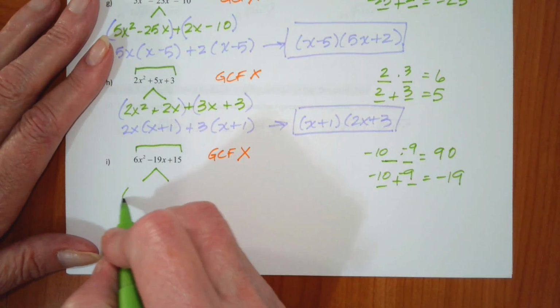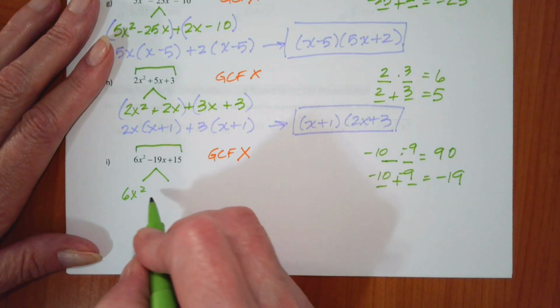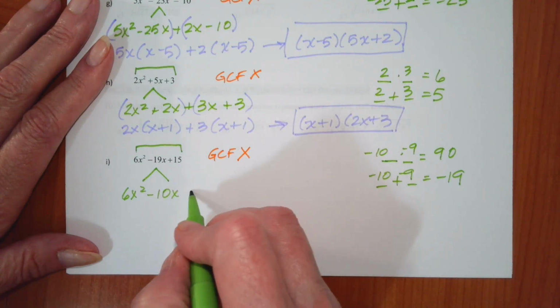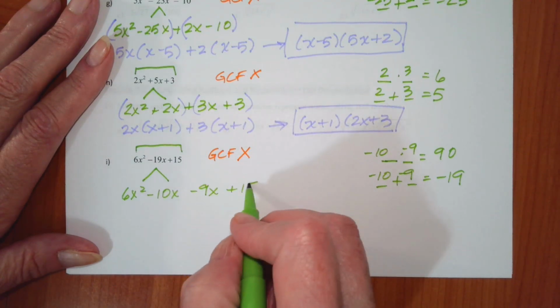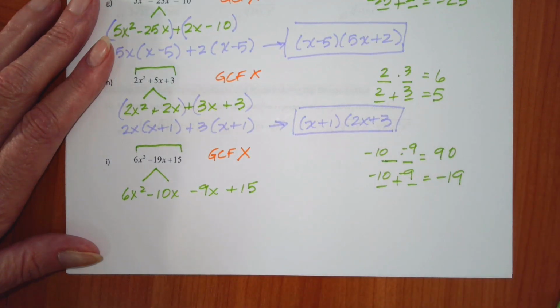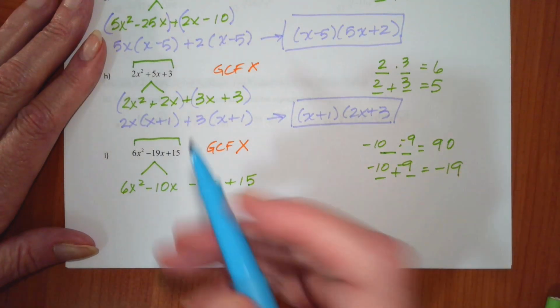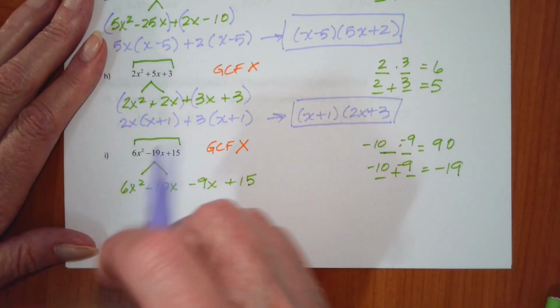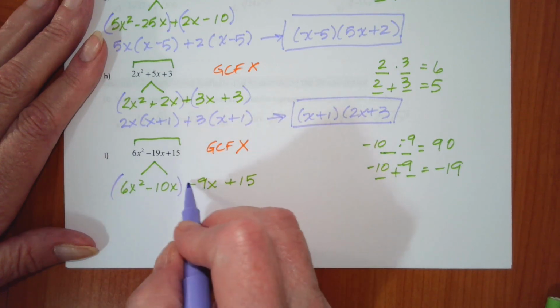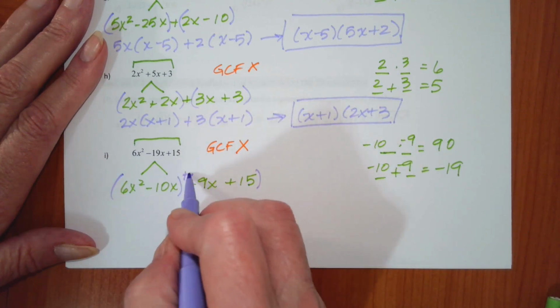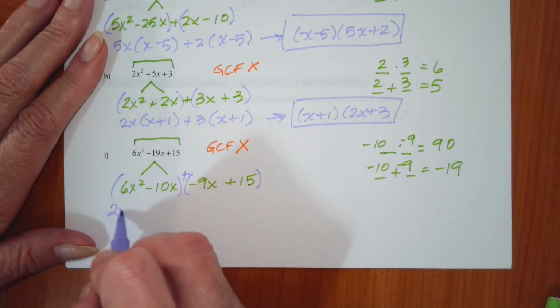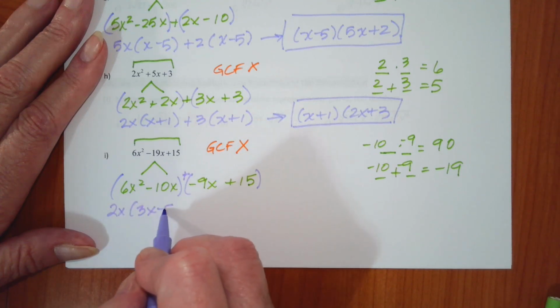So this becomes 6x squared minus 10x minus 9x plus 15. So when I group these now, this becomes 2x times 3x minus 5.